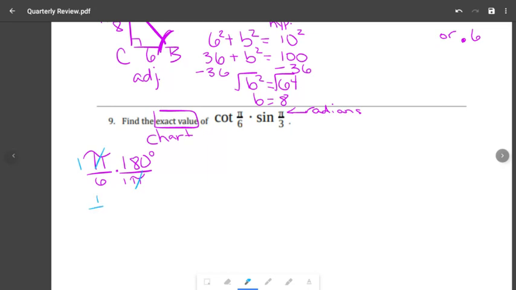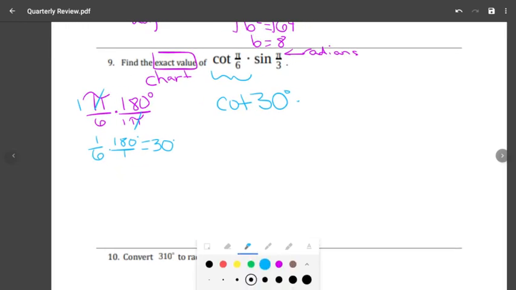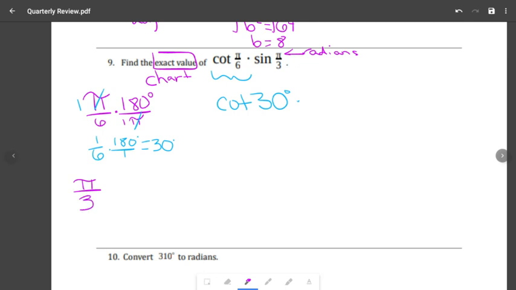So on your calculator, you are going to type in 1/6 times 180 over 1, and you should get 30. So that first one is cotangent of 30 times. We're going to do the same thing for pi over 3.